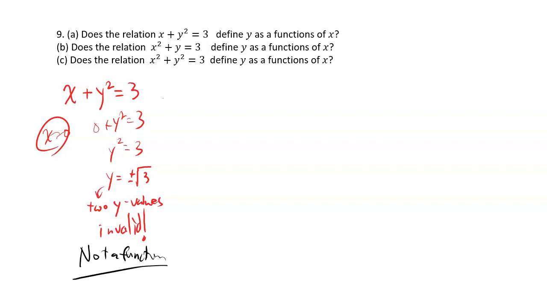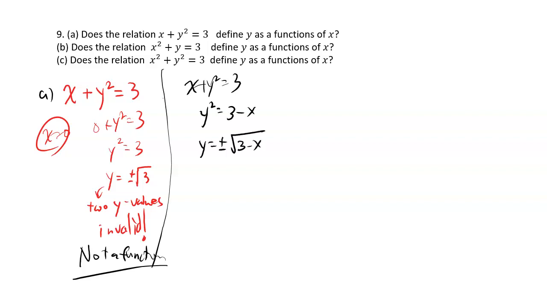So that's one way to address A. Here's another way to address A. You can say x plus y squared equals 3, subtract x from both sides, and you take the square root of both sides, you get plus or minus square root of 3 minus x. And once you do this, then you can say, well, this is not a function because for any single value of x, you have a plus value and a minus value. Again, there are 2 values, so it's not a function.